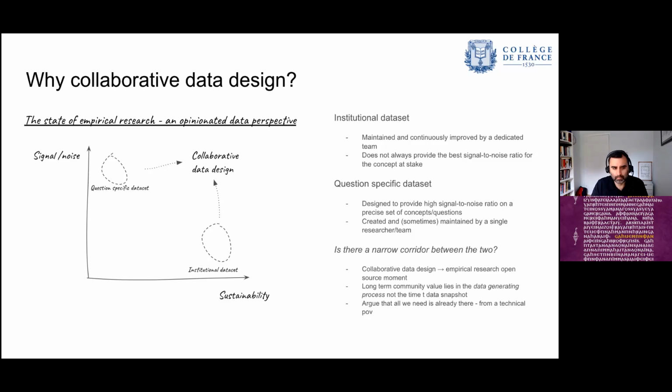So typically, if you want to work on, I don't know, patent to science using PatStat, then you've got some information, you've got some data, but it's not completely parsed. It's not mapped with digital object identifiers. It's not enriched, and so on.